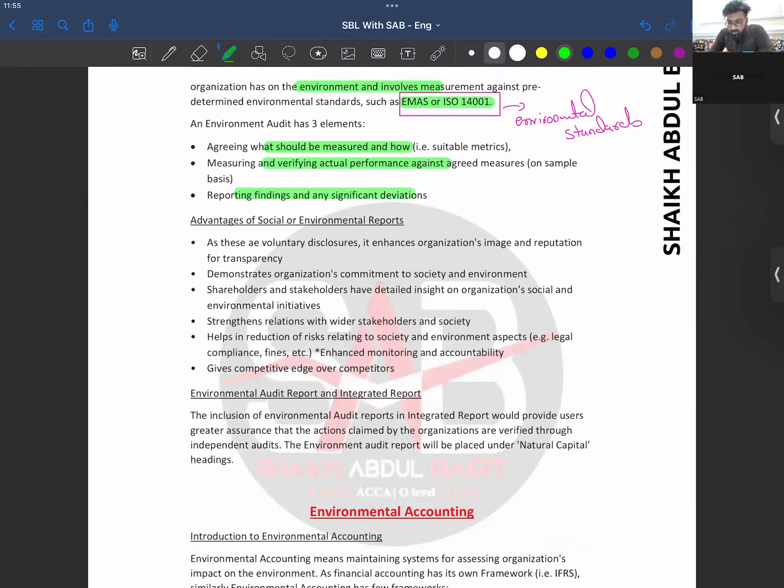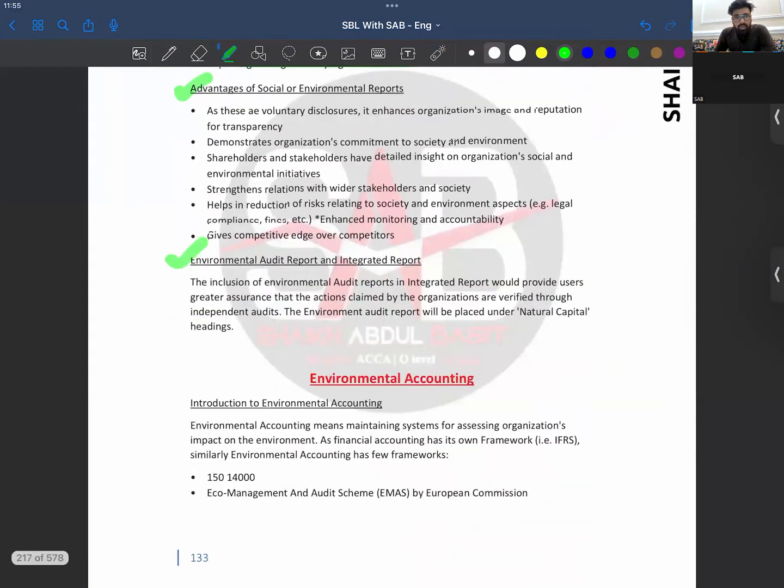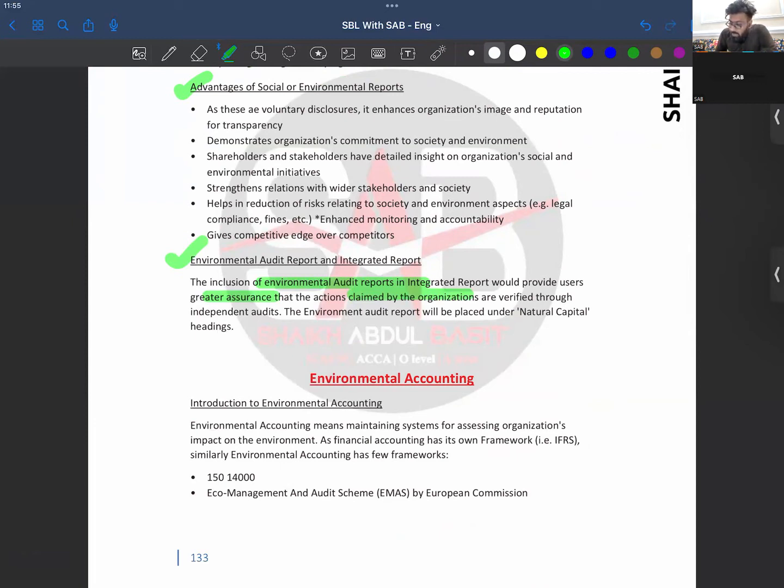And advantages and all that you could write. An integrated report allows you to include the environmental audit report, right? Greater assurance that the actions claimed by management are true if the environmental audit is done right, placed under natural capital headings.